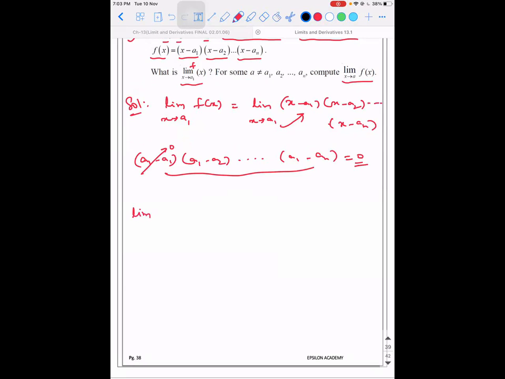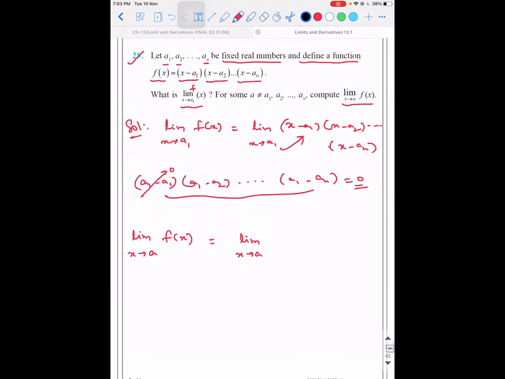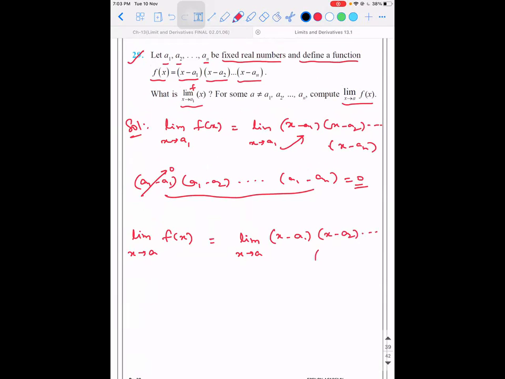What about limit x tends to a of f of x? That will be limit x tends to a of f of x, which is x minus a1, x minus a2, so on till x minus an.